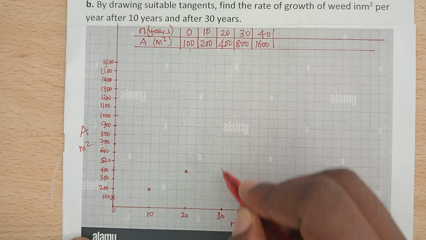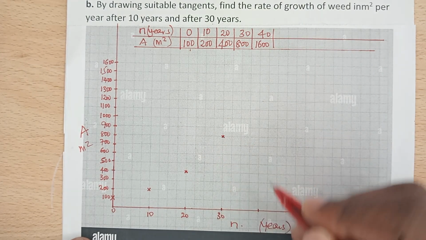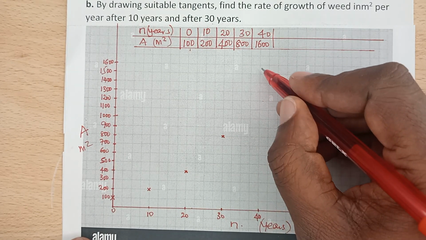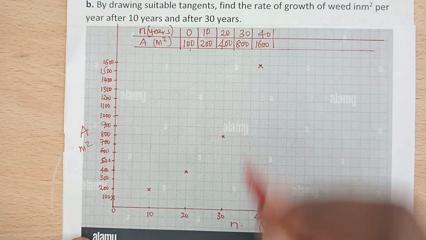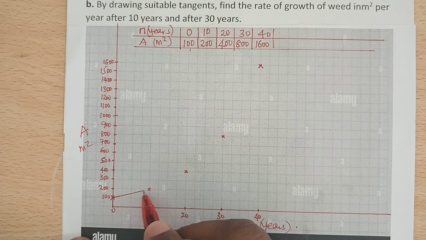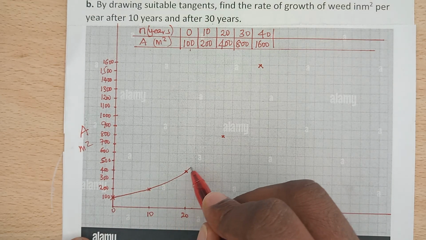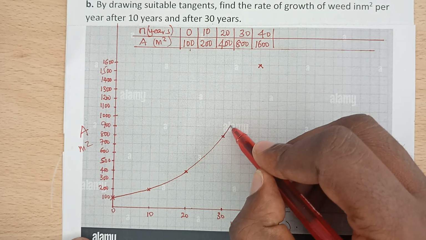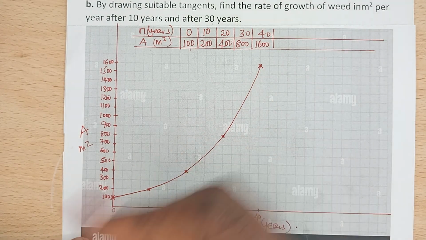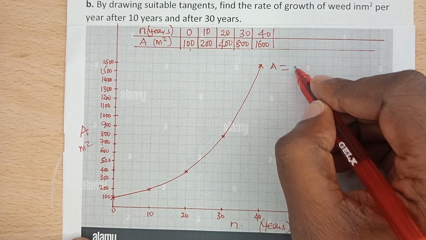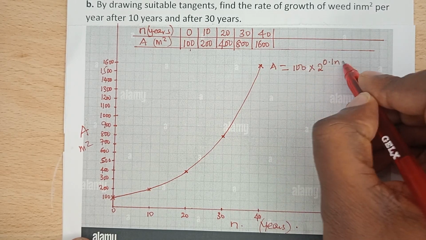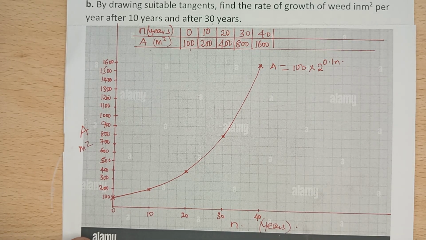After 30 years, we have 800. And after 40 years, we have 1,600. There we are. And what we are having is a very good curve. We can also call it A equals 100 times 2 raised to power 0.1n. That can be the name of the graph.